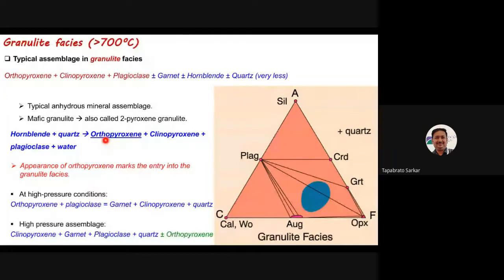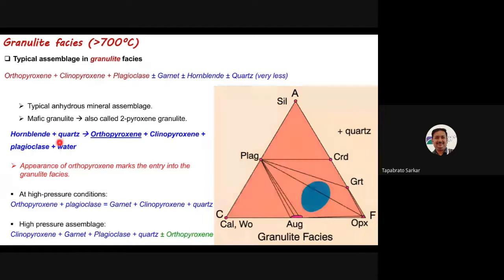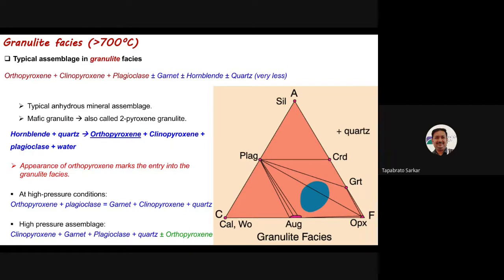Orthopyroxene does not have calcium or aluminium, so the calcium and aluminium components of the hornblende go into clinopyroxene and plagioclase. Another important thing to note is the release of water. So the rock becomes more and more anhydrous.